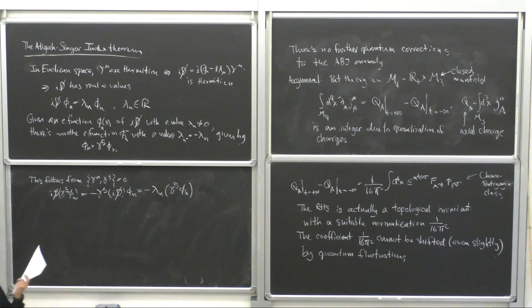Okay, you see? So if it's 0, I cannot use this argument. But if it's non-zero, this is true. So the eigenfunctions of non-zero eigenvalues always come in pairs. This is very important. We have to use this, okay?